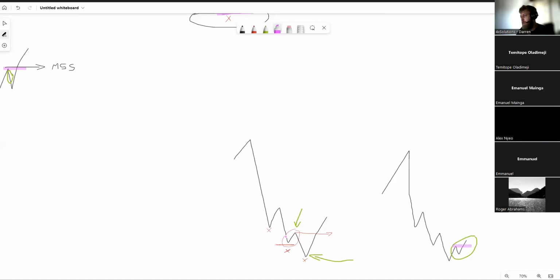That's the difference. The one is grabbing liquidity and reversing, and the swing high is becoming the breaker. The other one is not so much regarding the liquidity, but rather the failure to grab liquidity is becoming the mitigation. That's the big difference between the two. One is grabbing liquidity and the other one is failing to grab liquidity.